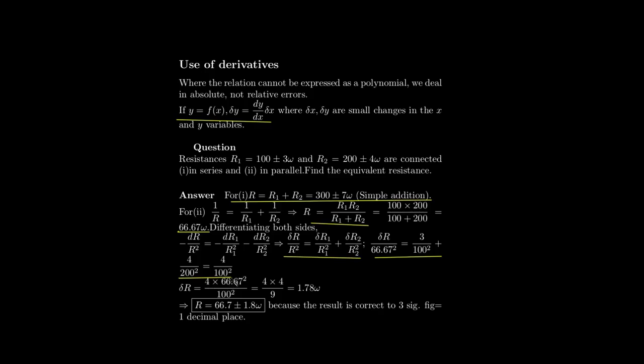Delta R equal to 4 into 66.67 square by 100 square, which is equal to 4 into 4 by 9, which is equal to 1.78 ohms.